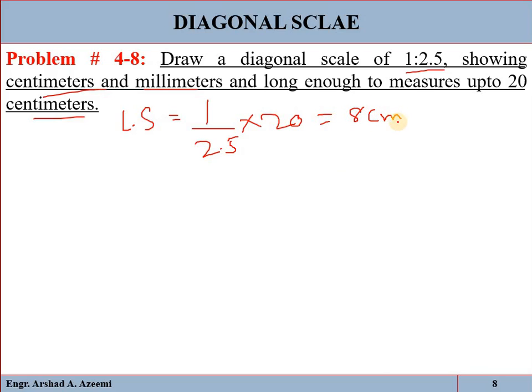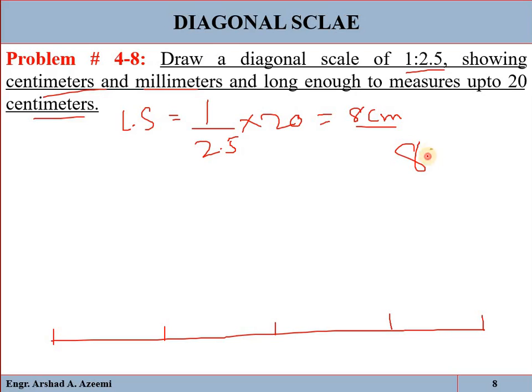Now just draw a line of 8 centimeter and divide it into 4 equal parts: 1, 2, 3 and 4. This 8 centimeter distance can transfer the drawing dimension into an actual dimension of 20 centimeter. If in the drawing you have 8 centimeter distance, in reality it will be equal to 20 centimeter.